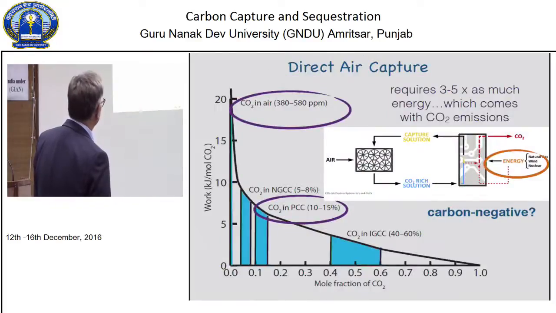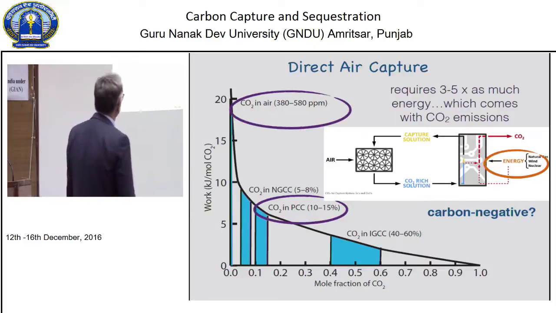The idea is simple. As I mentioned before, you capture air. Air flows through. You take a CO2-rich solution of carbonate, which is in the device, and then you use a little energy to get the CO2 off. This is a stripper, if you like, and you return the solution back again, and it runs continuously.